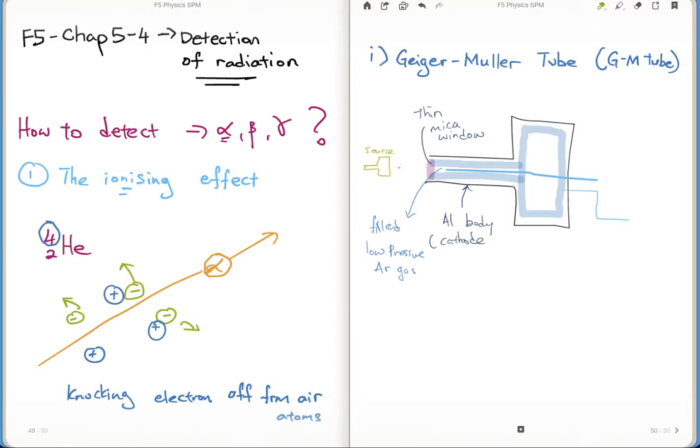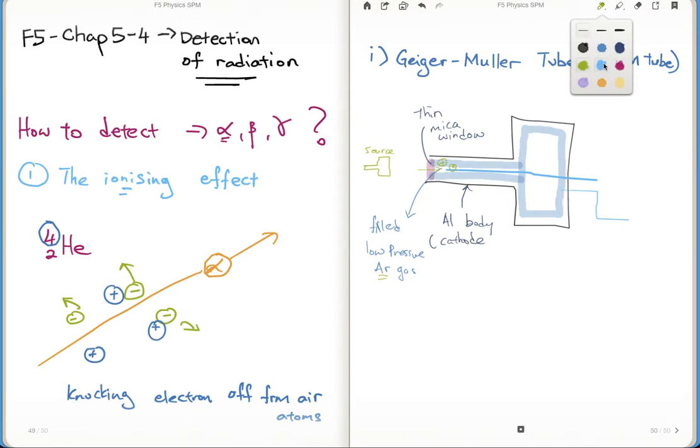It would actually ionize the air, or perhaps the alpha particle will pass through the mica, knock off the electron from the argon gas, and therefore the positive ion will be attracted to the element body, and the electron will be attracted to the tungsten.